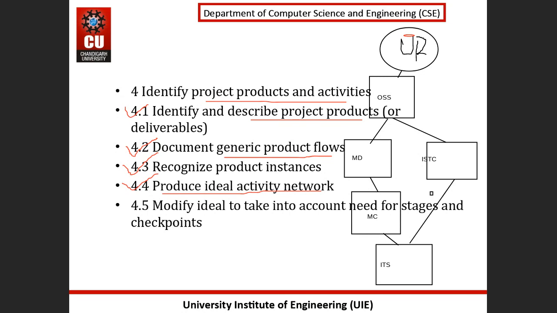So if I'm talking about this diagram, suppose I have these activities in the previous step. Now I'm working on this, so these should be completed at that time, before completion of this. Fine. So next we have modify ideal to take into account need for stages and checkpoints.